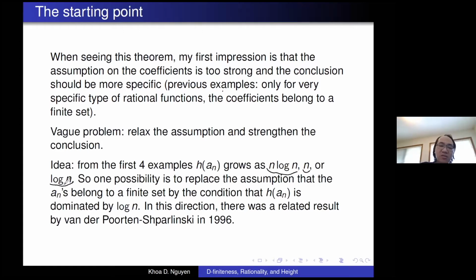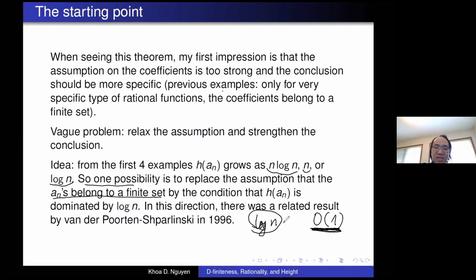My goal is actually to replace the assumption that the height belongs to a finite set by the condition that it is dominated by log n. So again, my goal is to prove that there's nothing in between this and this. If you are strictly smaller than this guy, then you have to be here. So there's a gap in the rho of the height.